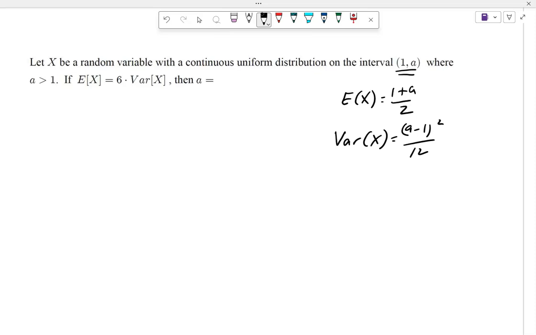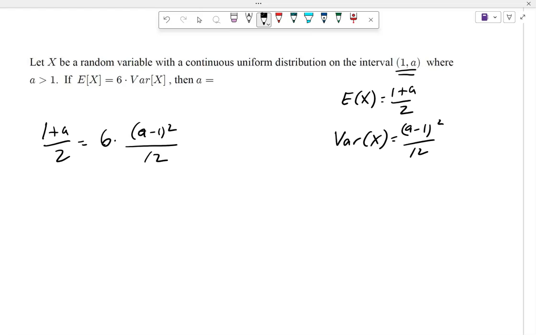Now all it's asking you to do is solve an equation, isn't it? What equation are we going to solve? Good. So we'll do 1 plus a over 2 equals 6 times a minus 1 squared over 12. 6 over 12 is 1/2.